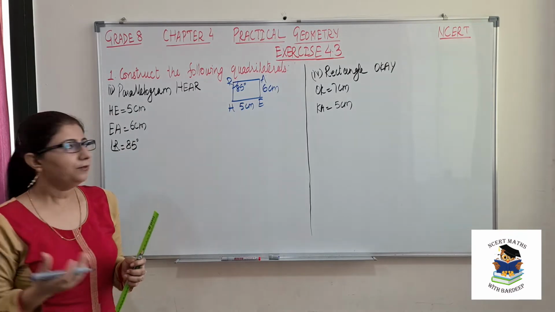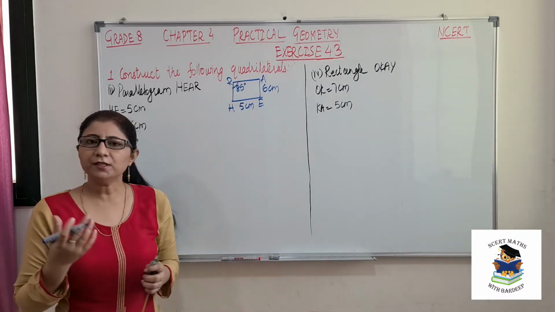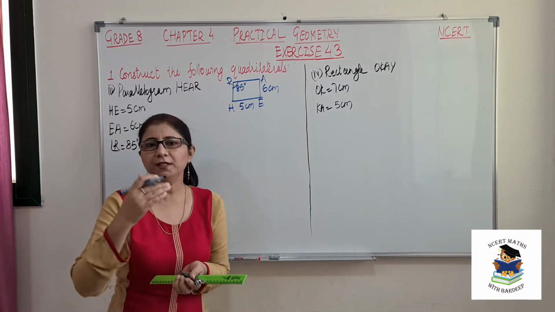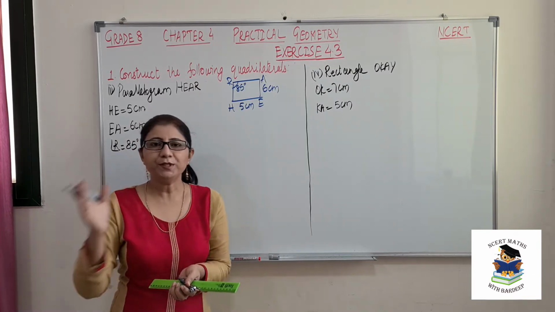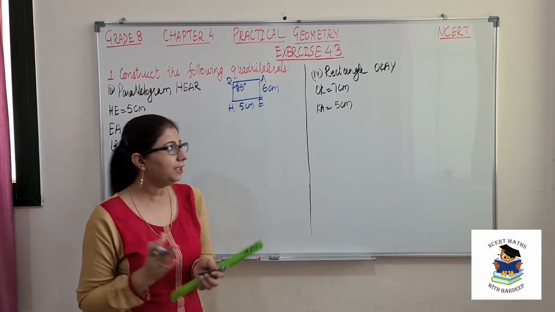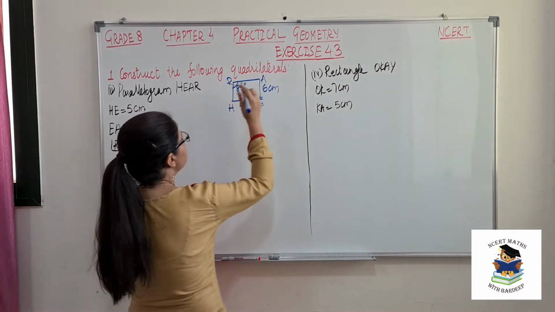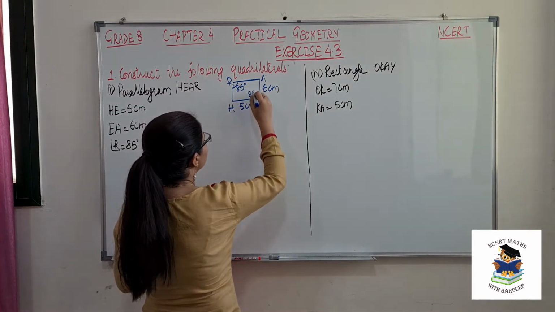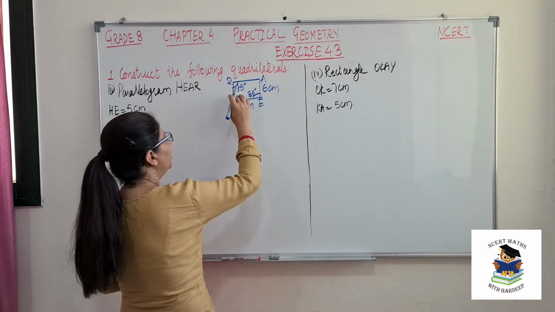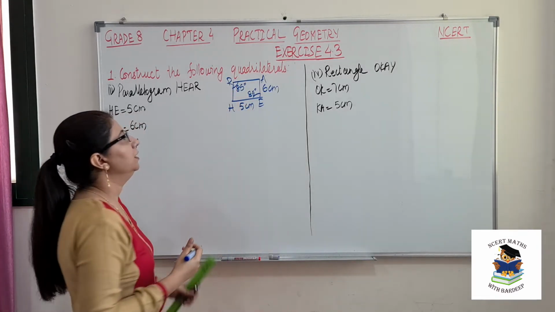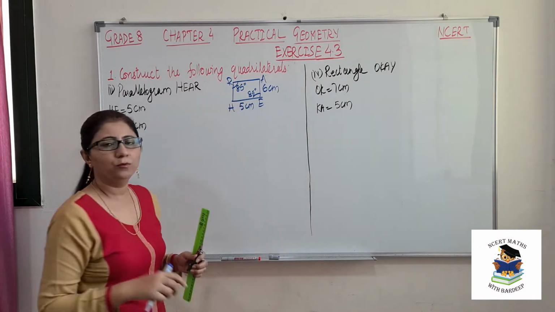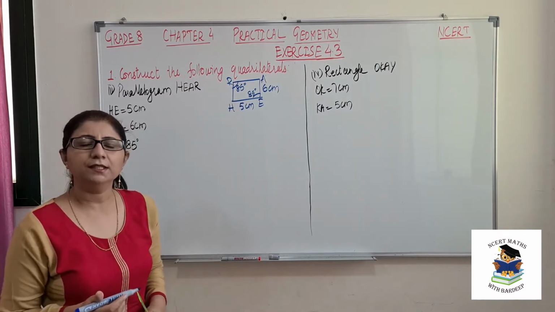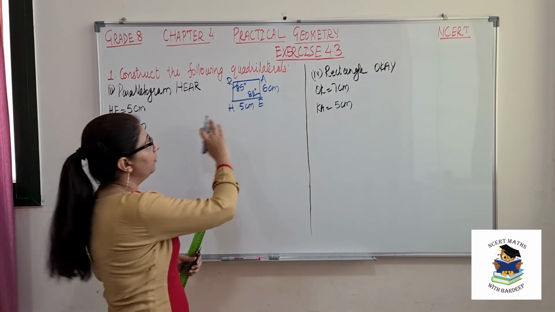So now we will relate this with the properties of a parallelogram, that opposite sides of a parallelogram are of equal length and opposite angles are also equal. So in this case, if this is 85, this will also be 85, and if you want this angle, you can just calculate it by subtracting 85 from 180, because co-interior angles are 180 degree, but no need.